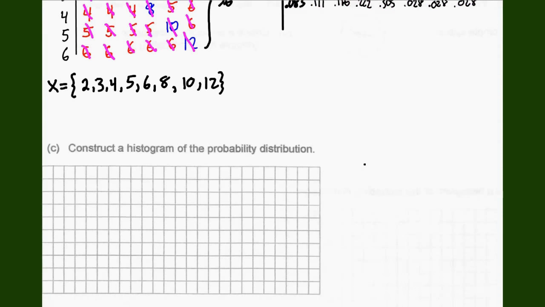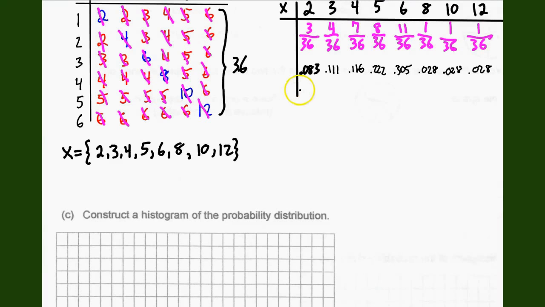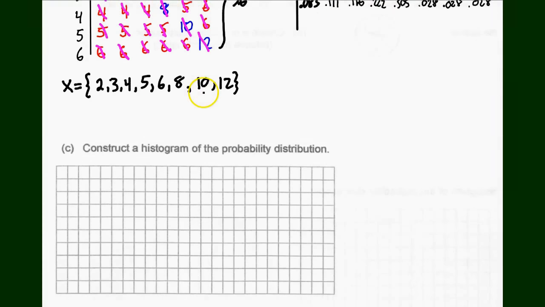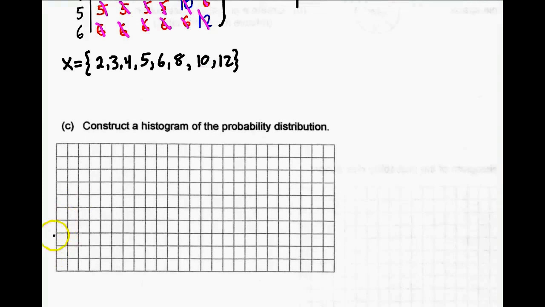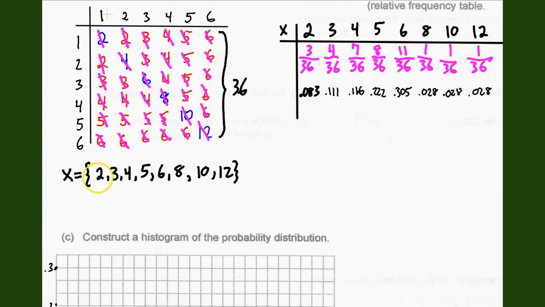All right, so let's do the histogram. Our highest decimal here is about 0.3 again, so I can use the same measure here. Go up to 0.1, 0.2, 0.3. And my sample size is quite a bit bigger. 1, 2, 3, 4, 5, 6, 7, 8.